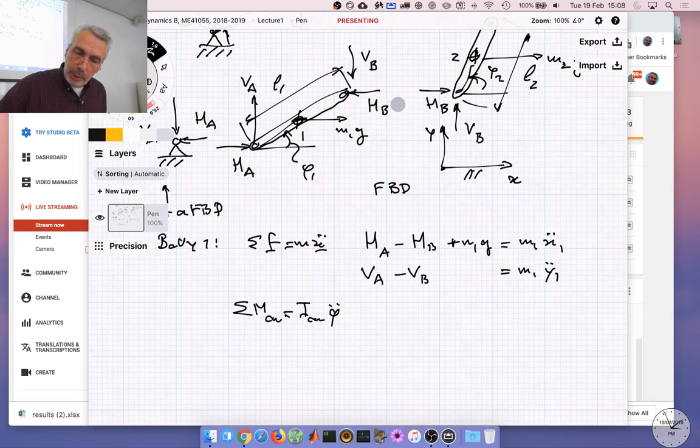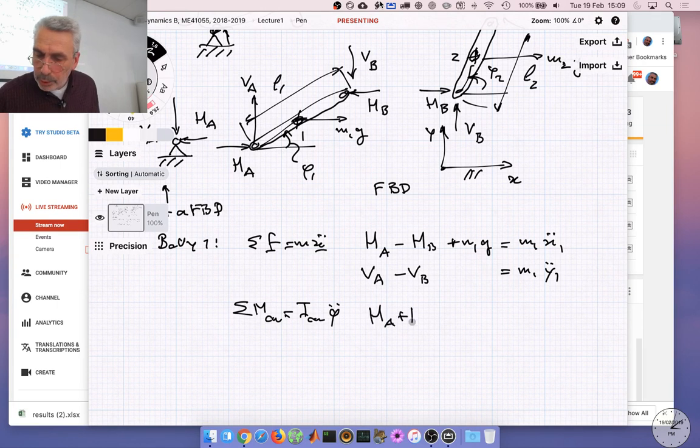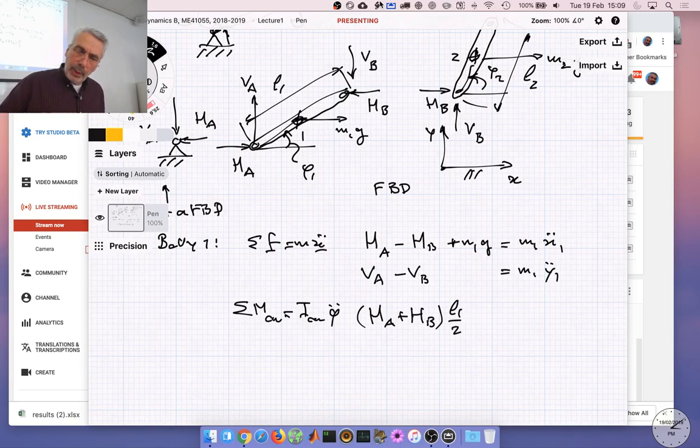So HA and HB have a positive contribution, both. So it's HA plus HB, and it's times L1 over 2, right? But the distance is of course not the whole distance, it's the projection, and then we need sine or cosine or tangent or those kind of things.